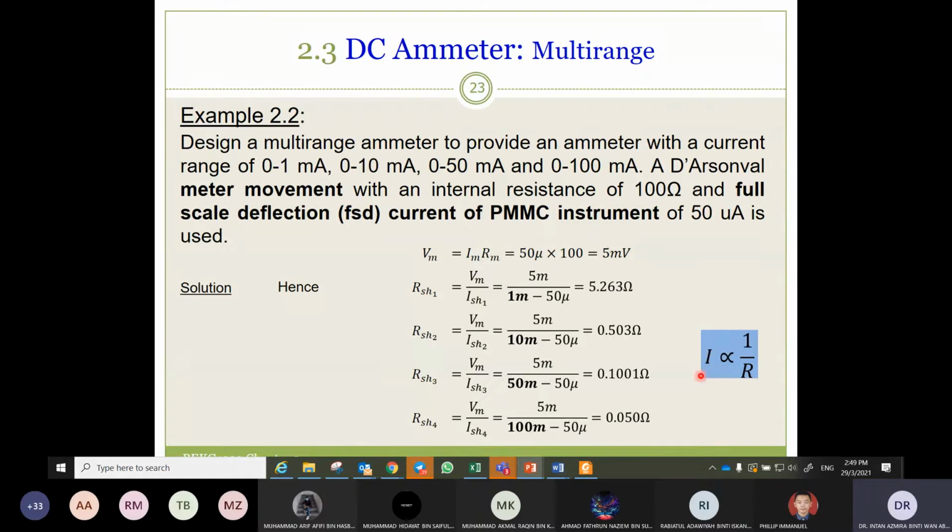Why? Because current is inversely proportional to R. Any questions? Can you understand? Very well. So I think the explanation is clear.